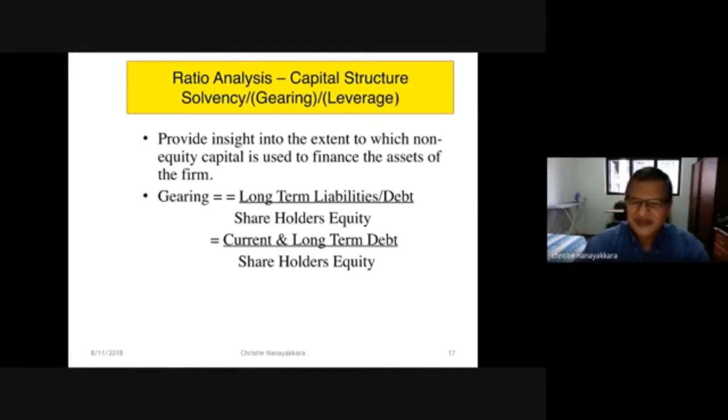In those days, what we looked at was long-term debt. That means all the loans taken for repayment over 1 year are listed on top, and we divide that amount by shareholders' equity.